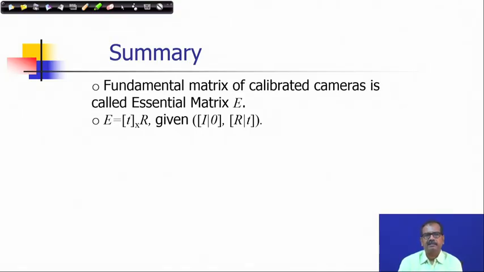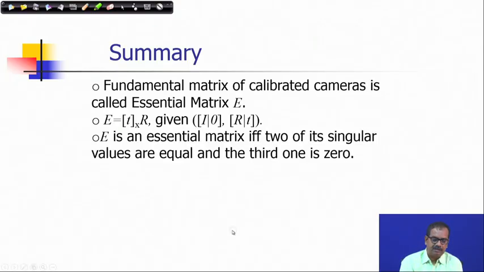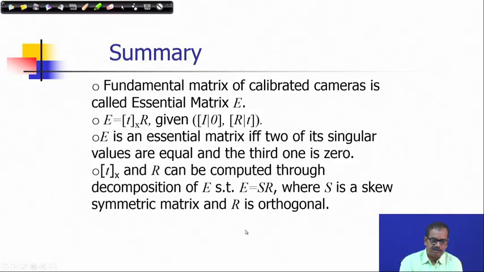In that case the essential matrix is given by those parameters only, and one of the properties of the essential matrix is that 2 of its singular values are equal and the third one is 0.